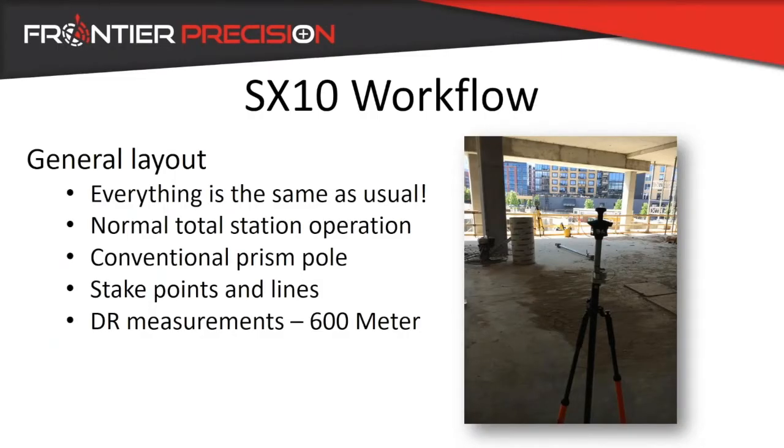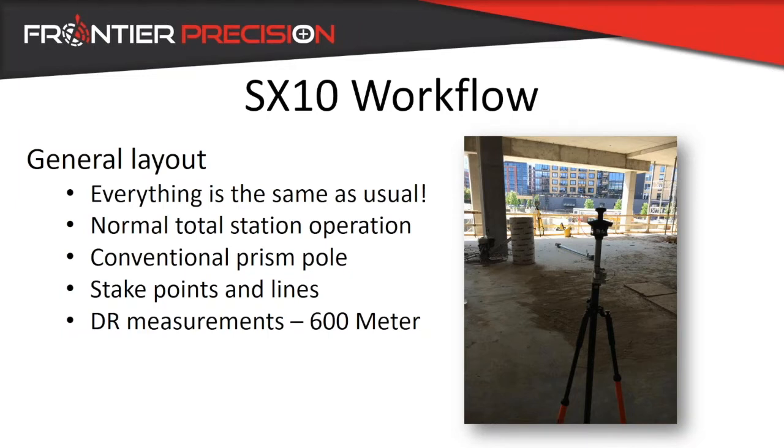If you wanted to use the SX10 for general layout equipment, everything is the same as usual. You do your normal workflows, you set your machine up, and you're ready to go. It operates as a total station, conventional prism pole, conventional prism, you're staking points and lines. If you need to do DR measurement, great thing about it, 600 meter range.